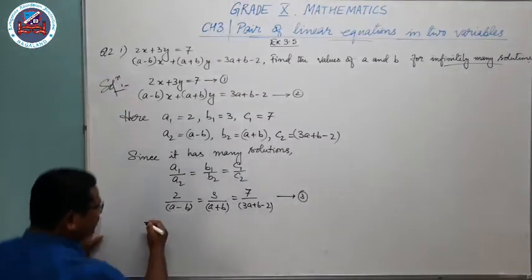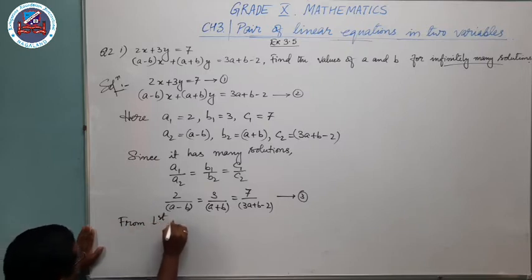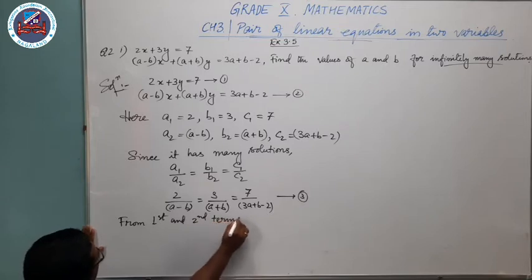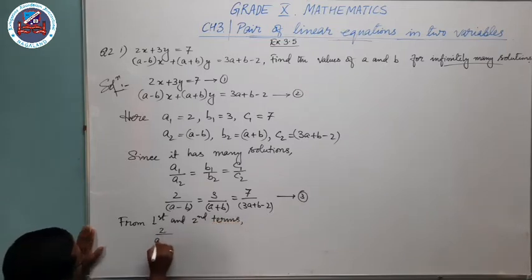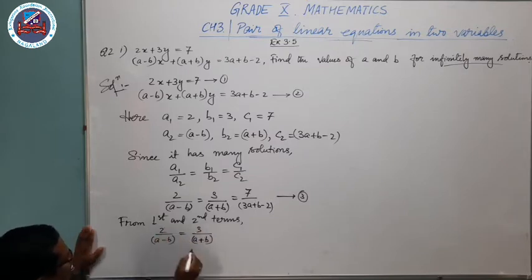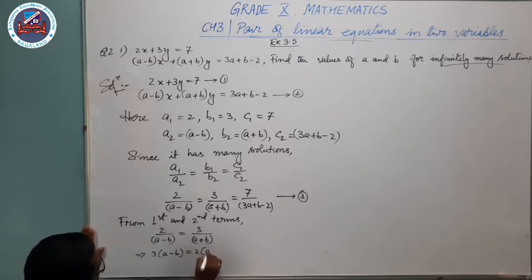From the first and second terms, let us see first: 2 divided by a minus b is equal to 3 divided by a plus b. Then you cross multiply. 3 into (a minus b) is equal to 2 into (a plus b). Then open the bracket: 3a minus 3b is equal to 2a plus 2b.